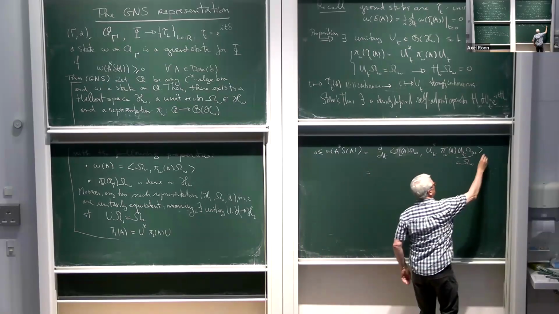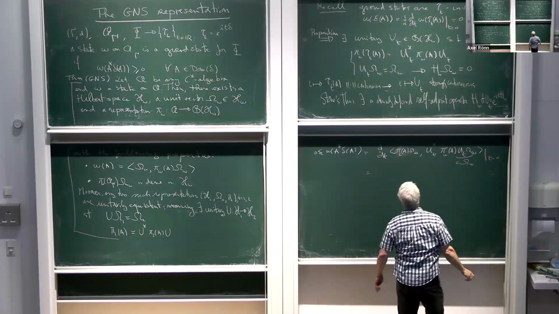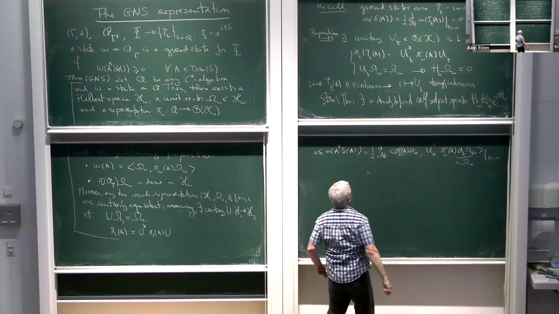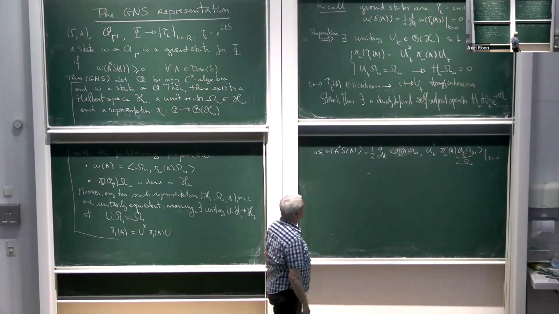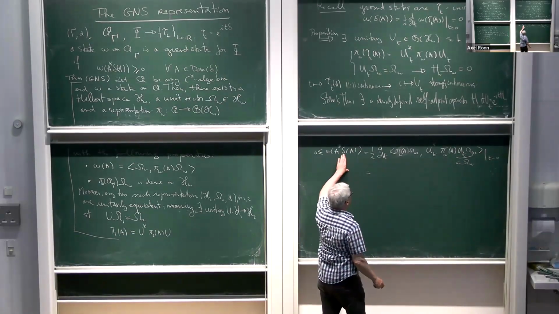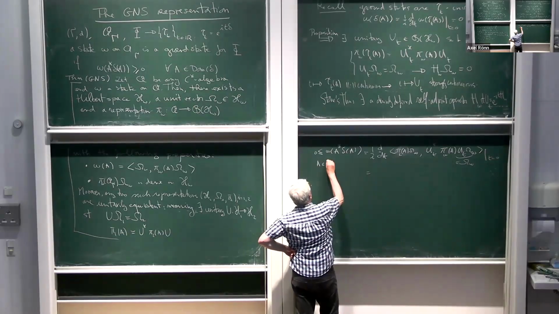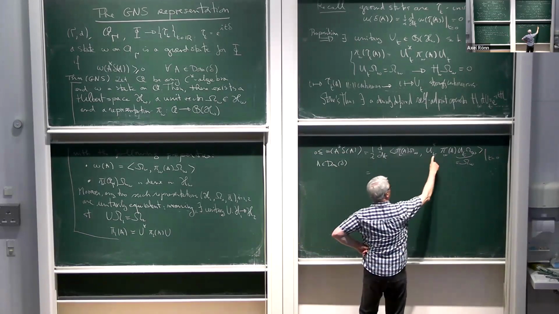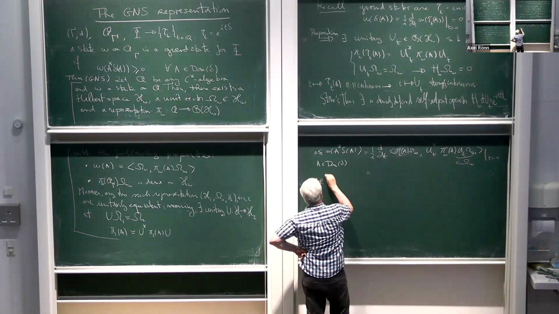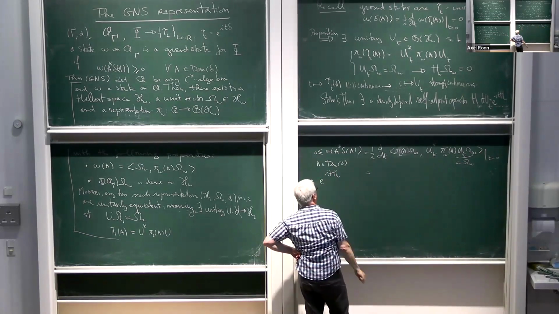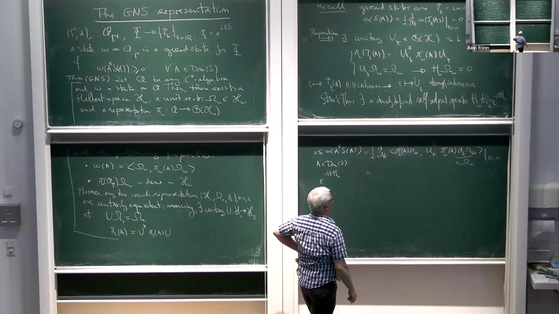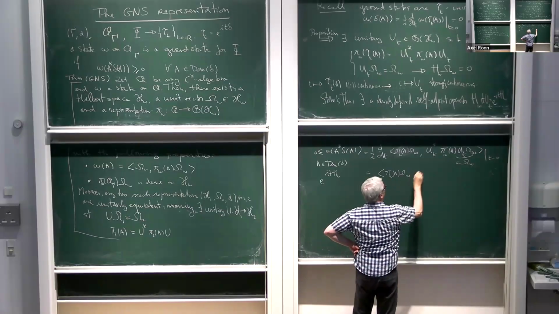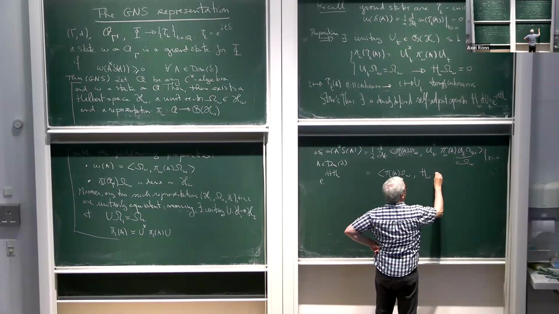We're going to take t to 0, and we're going to define the generator with 1 over i times the derivative, at least if A is in the domain. What I get here is the derivative of U_t omega divided by i at t equals 0.